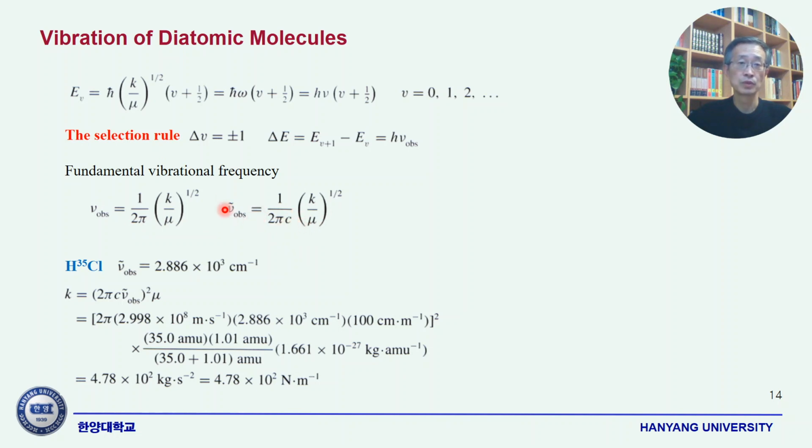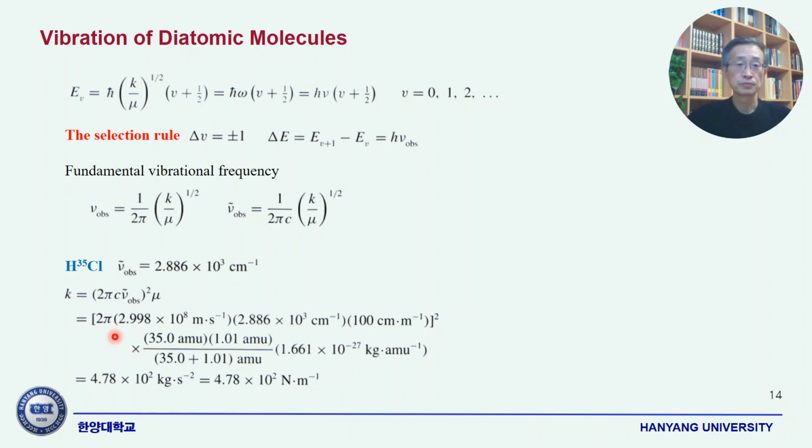From the experiment on H35Cl, the fundamental frequency obtained is 2886 wave number. Now you can obtain k by the square of this times the square of this times the reduced mass.